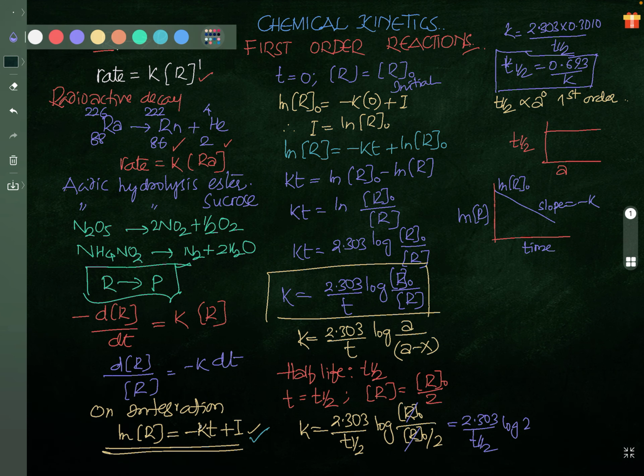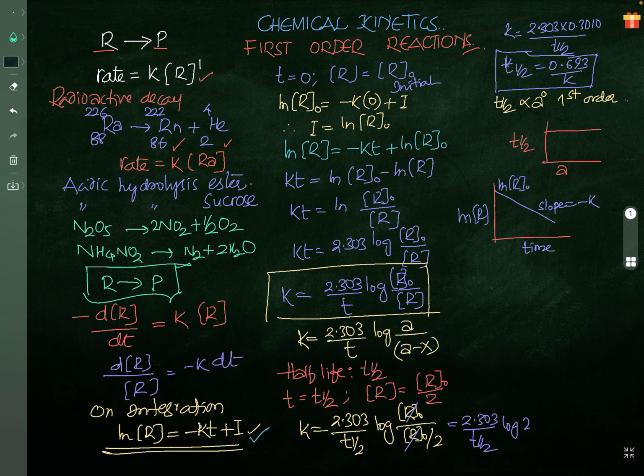From this expression, we can take one more graph, that is log R0 by R versus time. When you take time, you will get a slope like this, k by 2.303, a positive slope.